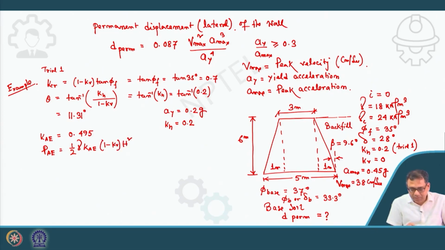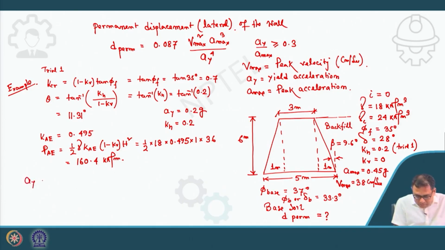KV is equal to 0. So, this is half into gamma, which is 18, into 0.495 into 1 into 36, H is 6 so H square is 36. This value is 160.4 kilonewton per meter.